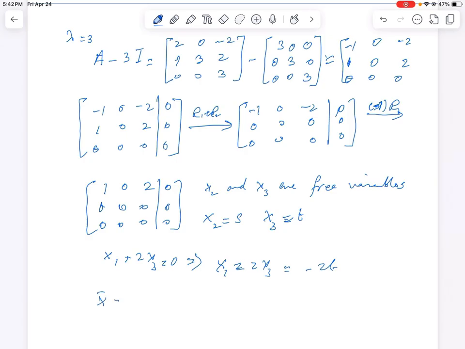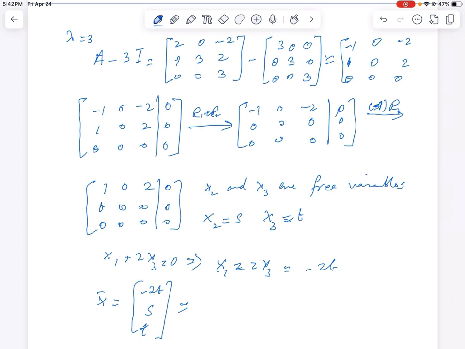So x1 is -2t, x2 is s, and x3 is t. Notice there were two free variables, so we are getting two eigenvectors.